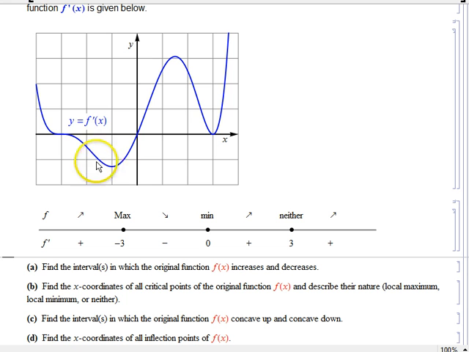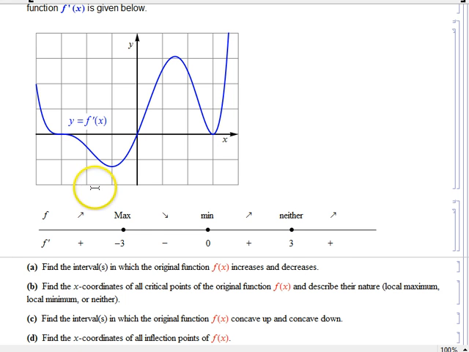That means the derivative is negative between -3 and 0. Now, between 0 and 3, the derivative is positive. The graph is above the x-axis. And finally, when x is greater than 3, again the graph is above the x-axis. The derivative function is positive here.